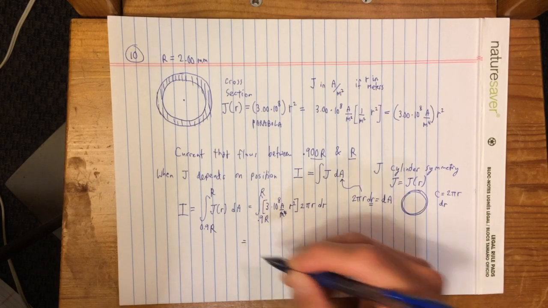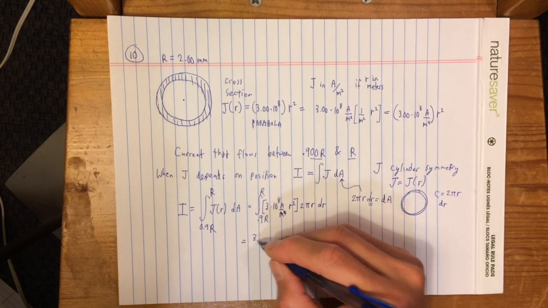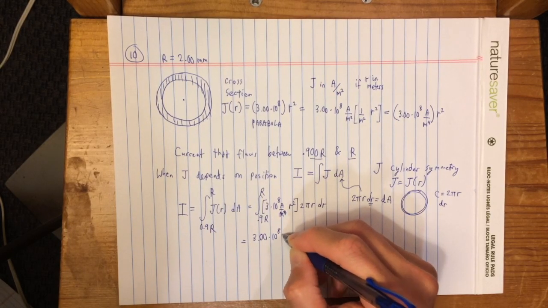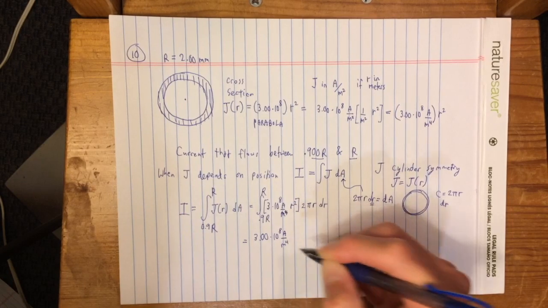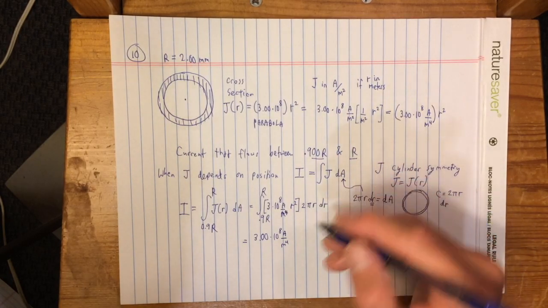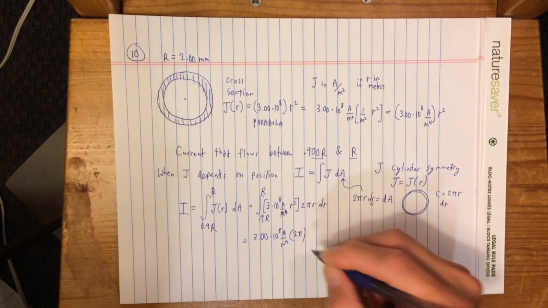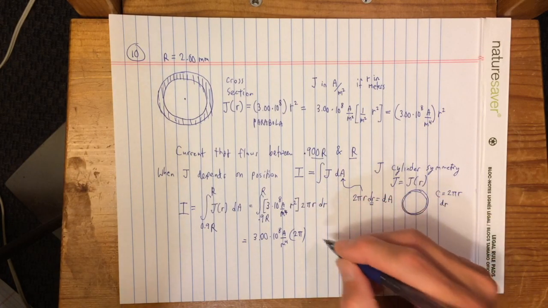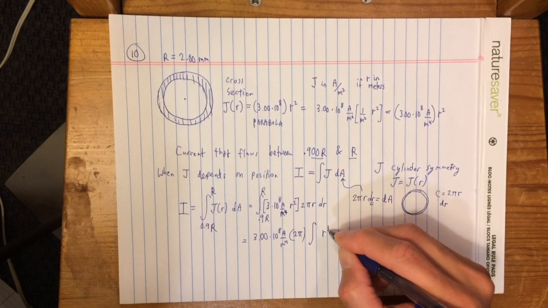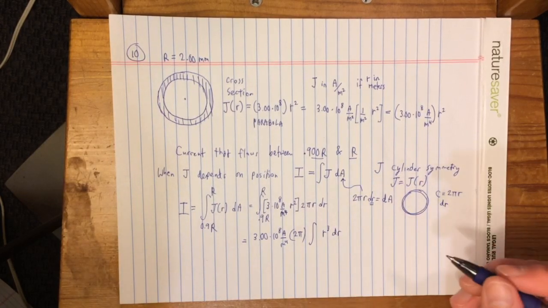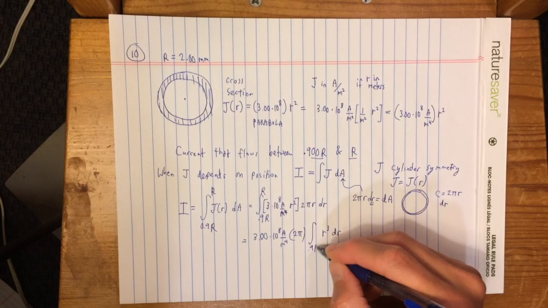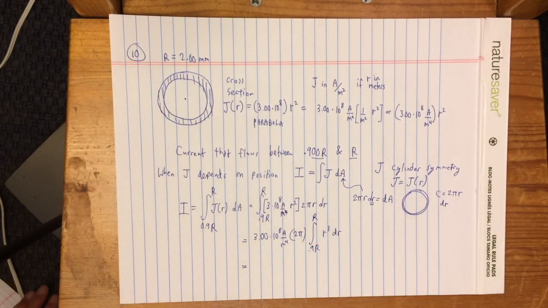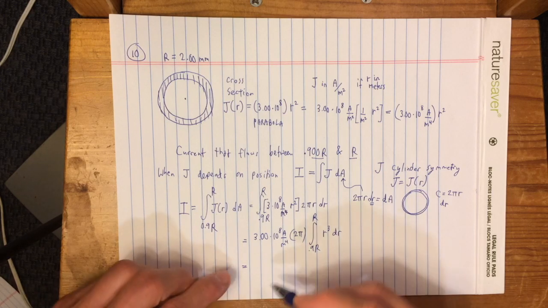They can come out because they are constants. So 3.00 times 10 to the 8th amps per meter to the 4th times 2 pi. Then r times r squared is r cubed, which has to stay inside the integral, so there's the r cubed dr, going from 0.9 R up to all of R. You can see what's about to happen.